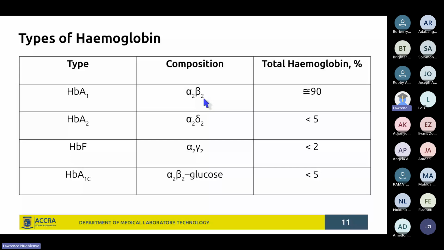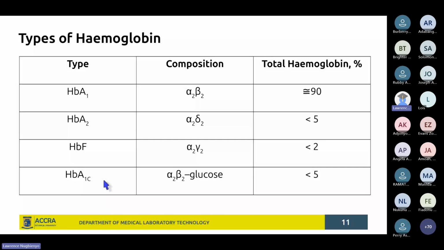Then the last one we're looking at here is what we refer to as glycated hemoglobin. Some amount of glucose in blood conjugates with hemoglobin.